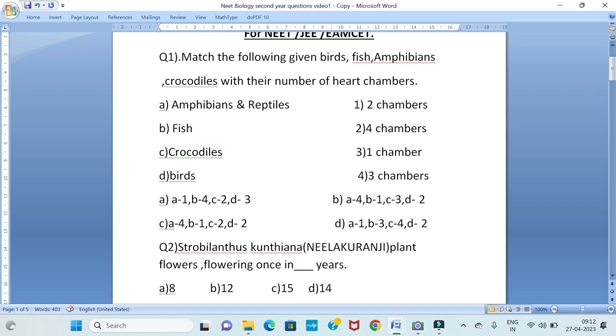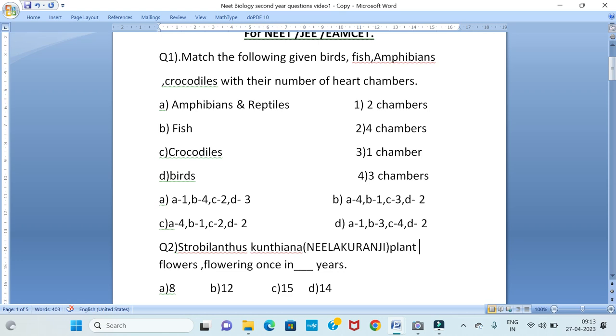Answer B, 12 years. See here, Neela Kuranji, how many letters? 1, 2, 3, 4, 5, 6, 7, 8, 9, 10, 11, 12. So Neela Kuranji has 12 letters. So this plant flowers once in 12 years. Otherwise, if they do not give Neela Kuranji, you take this Strobilanthus. Total 13 letters. S is at the start and the end, so one S I am deleting.